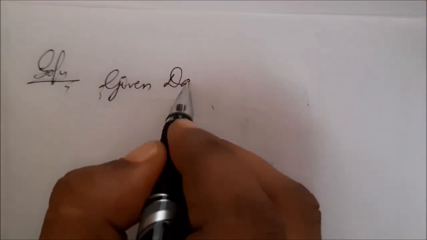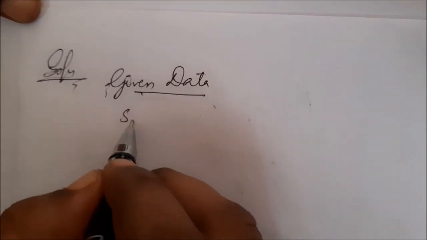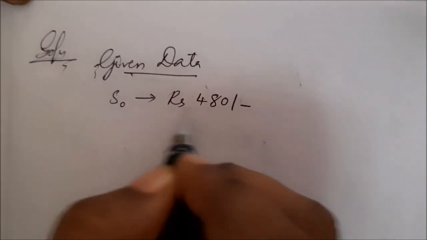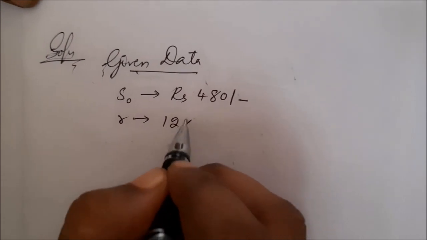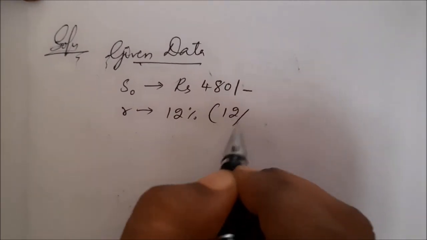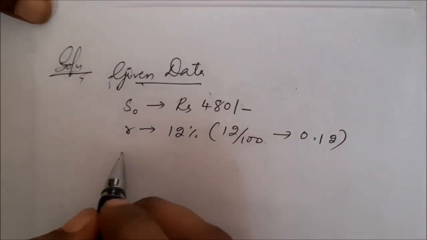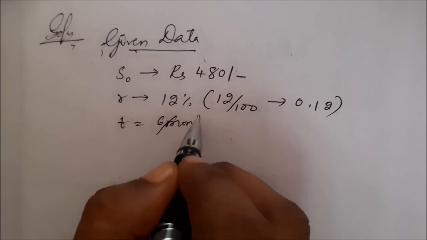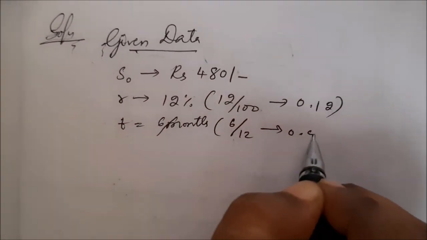See the solution. Write down the given data. Spot price is given, that is rupees 480, and rate of interest is given, 12%. It means 12 by 100, we will get 0.12. Next, T is given as 6 months, 6 by 12, 0.5.